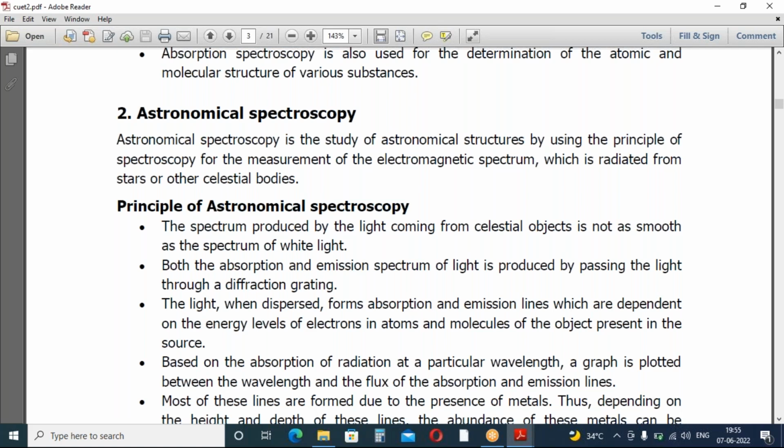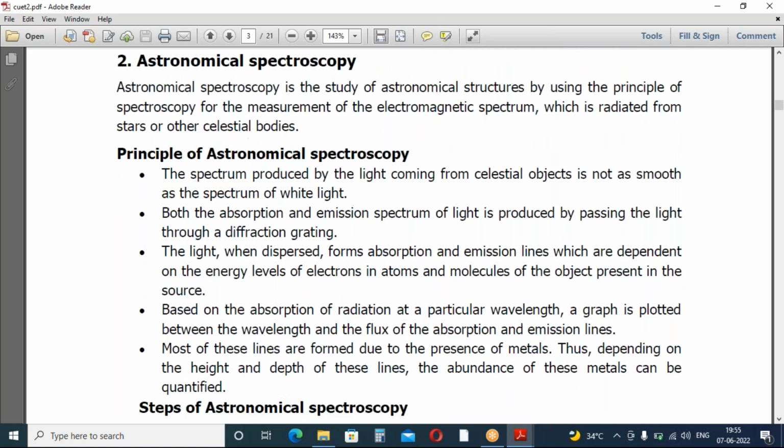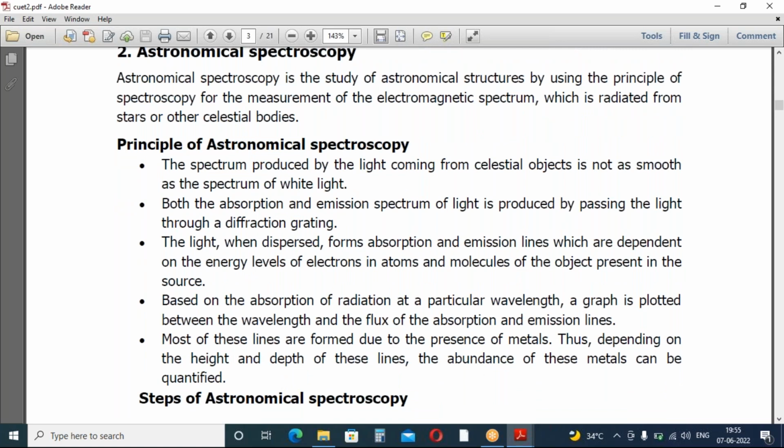This is different. Here both the absorption and emission spectrum of light are produced through mirrors or diffraction gratings and can be detected, and they mainly depend upon the energy levels present in the structure of molecules.